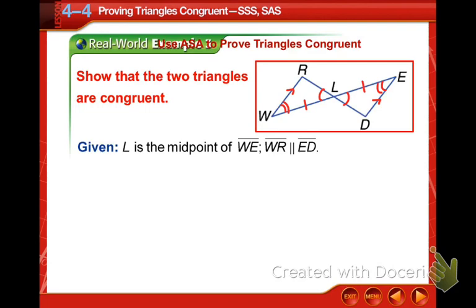If we did not know that WR and ED are parallel, then we could not say that those two angles are congruent. They would still be alternate interior, but they would not necessarily be congruent. So, let's list them out, just like we did before. So angle W is congruent to angle E. It's because they are alternate interior angles.